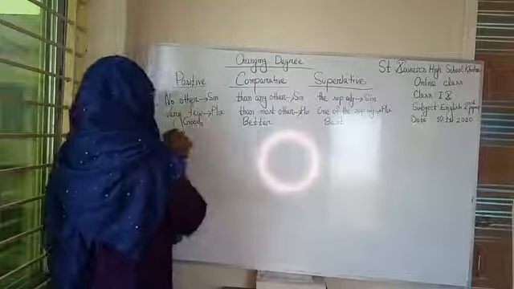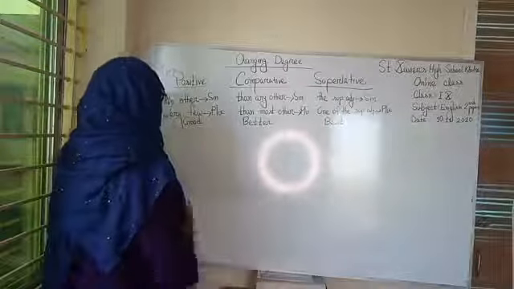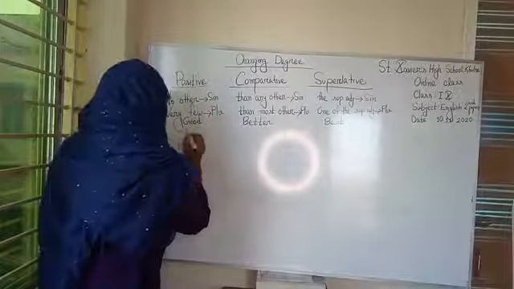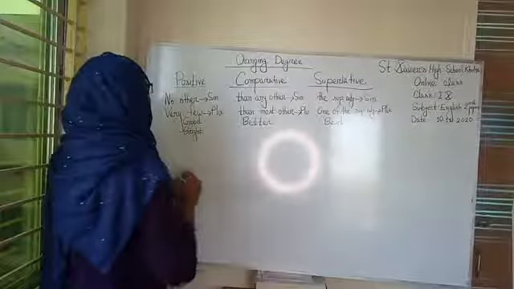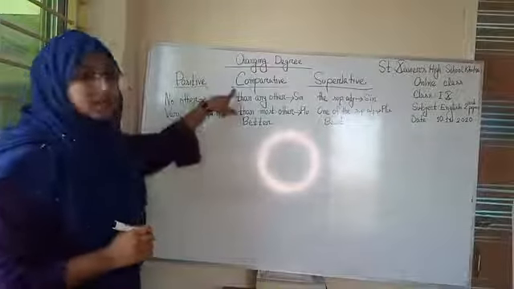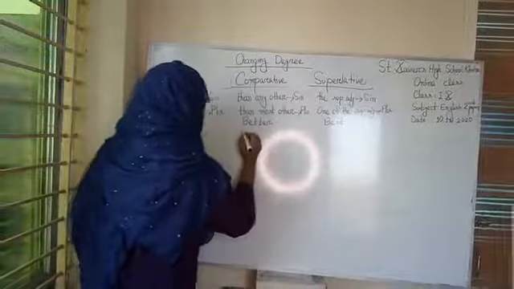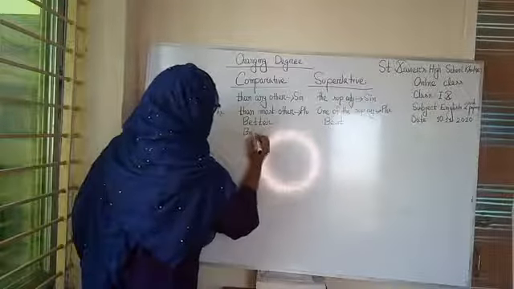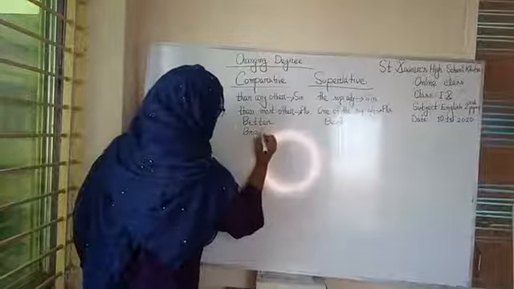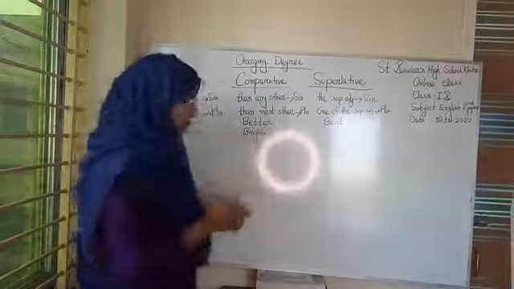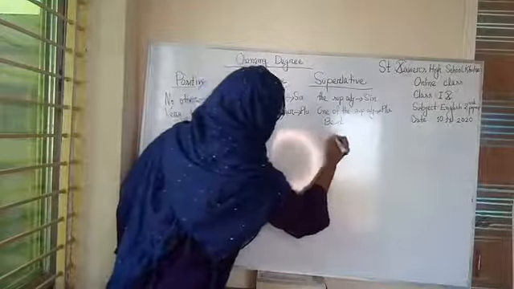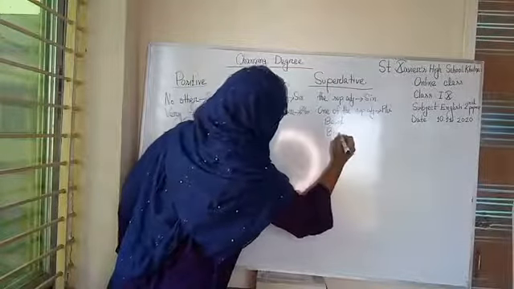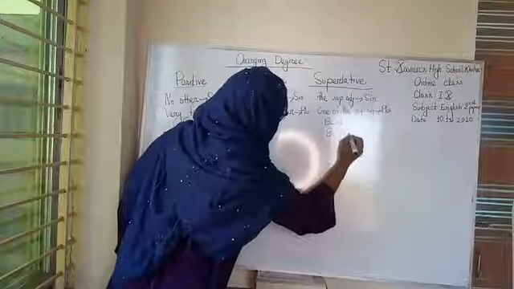I'll write down other words for you. First one, bright. Bright is the positive form. Next, comparative form, brighter. And superlative form, brightest.